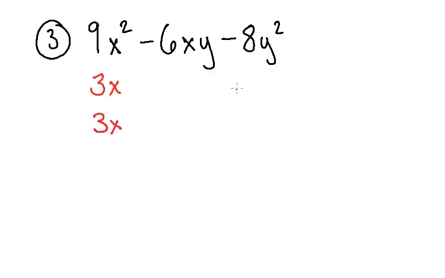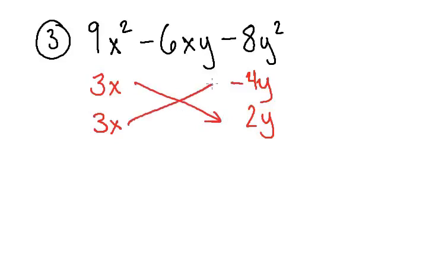There are several options. The best option for this exercise will be minus 4y times 2y, which gives me negative 8y squared. If I multiply these things in diagonal, I'm going to get 6xy in here and negative 12xy in here.